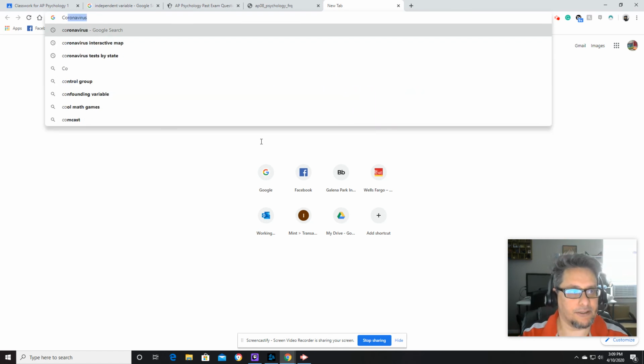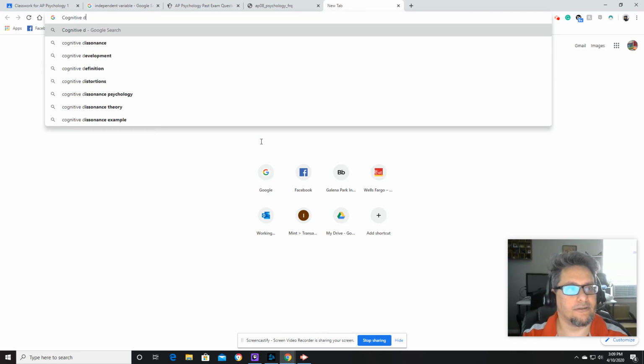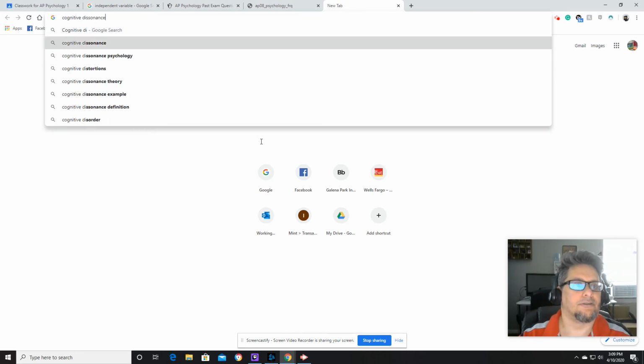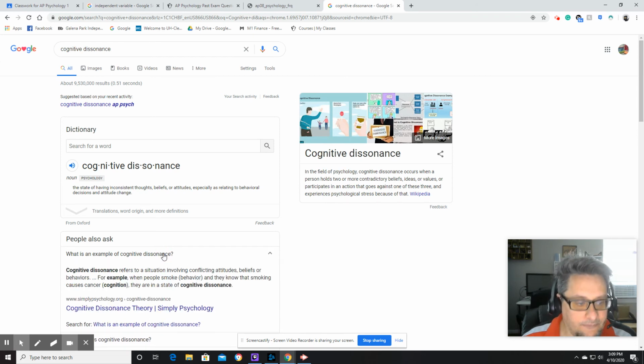Remember, it is open book, so you can look it up in the book. All right. So, cognitive dissonance, the state of having inconsistent thoughts, beliefs, or attitudes, especially as related to behavioral decisions and attitude changes.